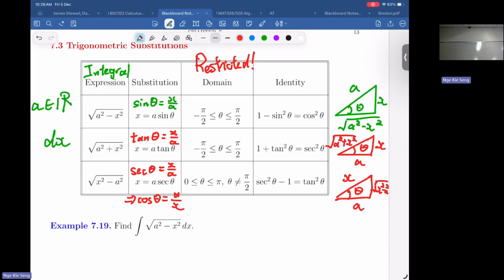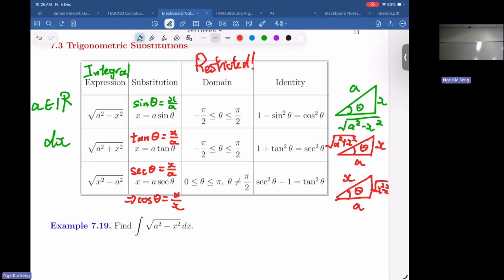Otherwise, if you imagine you want to substitute x from, let's say, 0 to 1, and you take sine theta over the whole real line, where can sine theta take the value 1? At odd multiples of pi over 2.